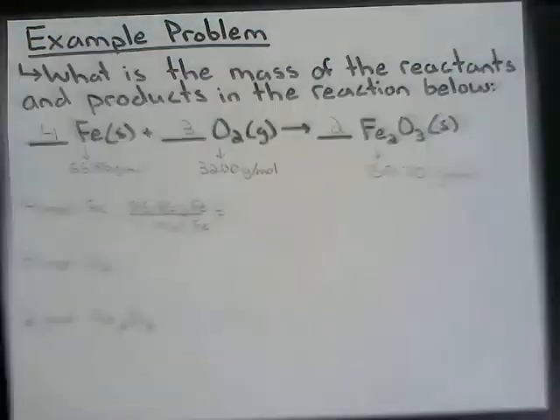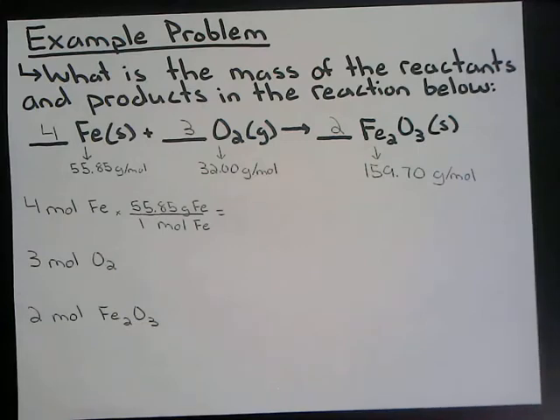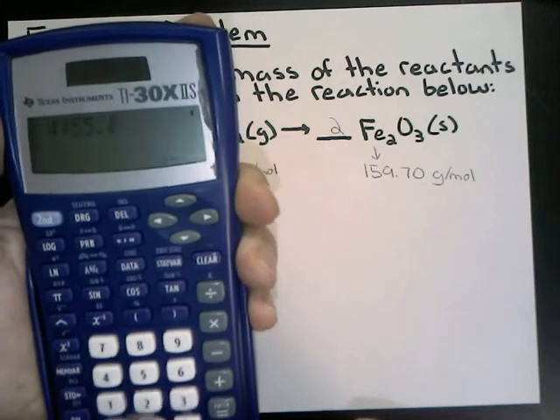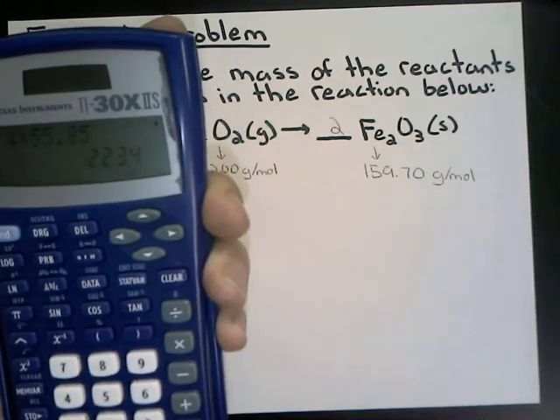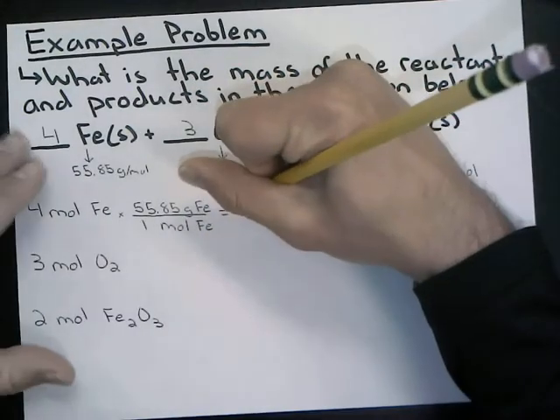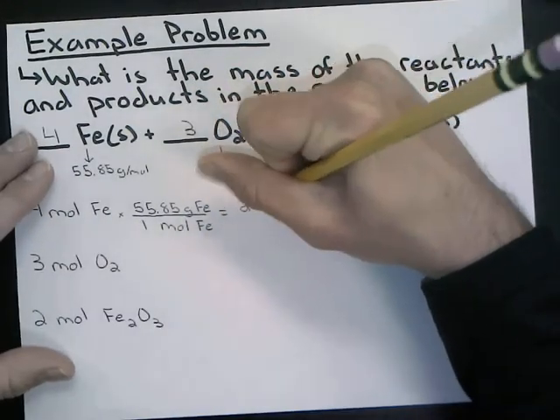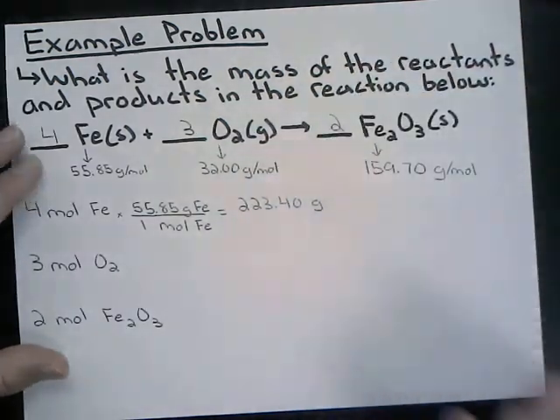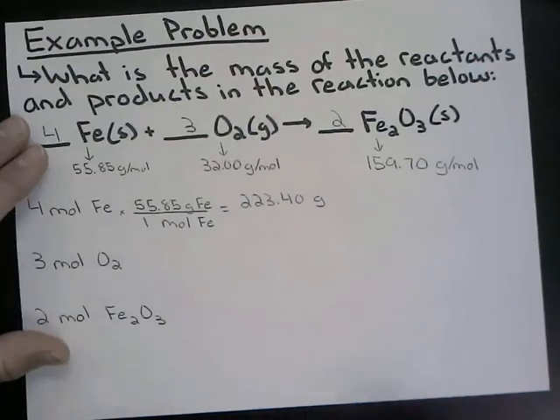And I'm going to punch that into my calculator. So we have 4 times 55.85, and that gets us a value of 223.40 grams.